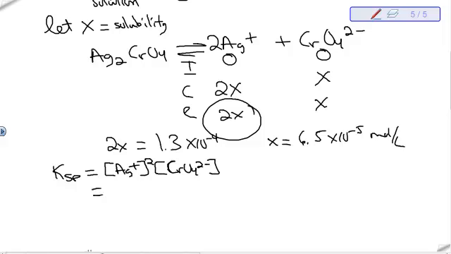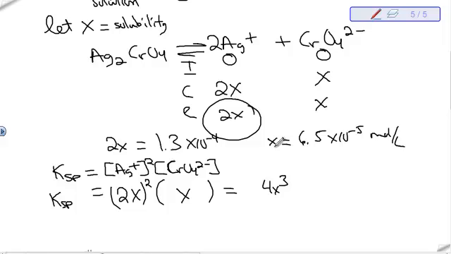Substituting in, we see that silver ions is 2x to the second, chromate is x to the first. Doing a little math, that's 4x squared here times x, 4x cubed, and that, remember, is equal to KSP.